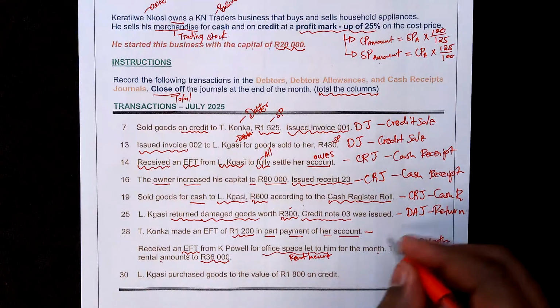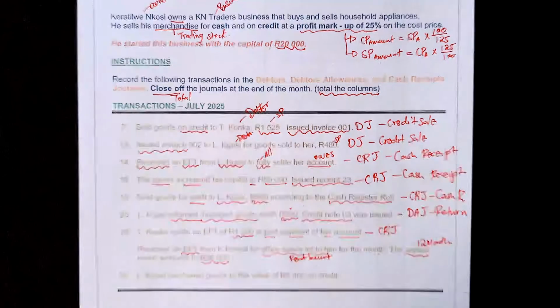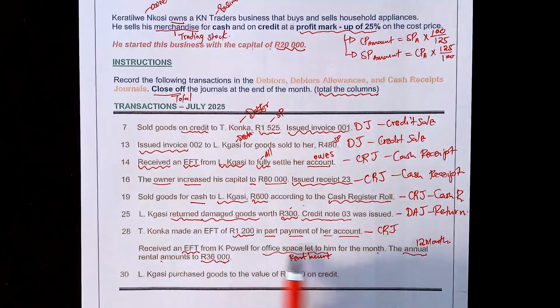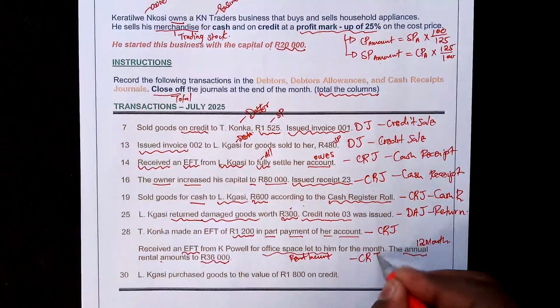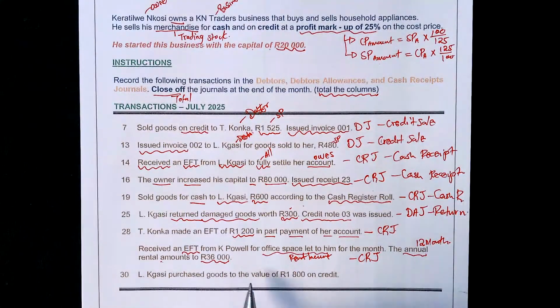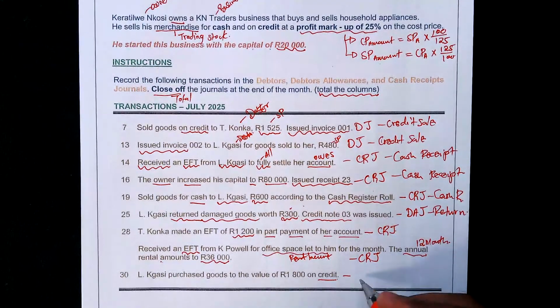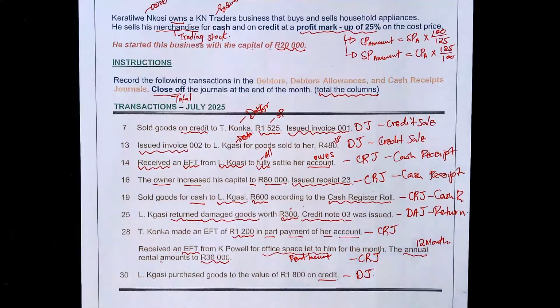So T Konka made an EFT, so we received money from T Konka, so it's CRJ, received an EFT. Even this one goes under the CRJ, it's a cash receipt. Day 30, El Khasi purchased goods to the value of 1,800 on credit. Okay, it's a credit sale, it goes under the DAJ.